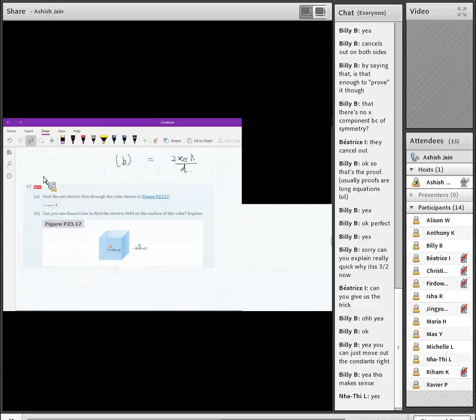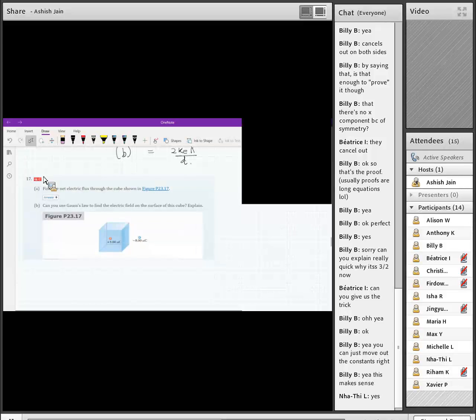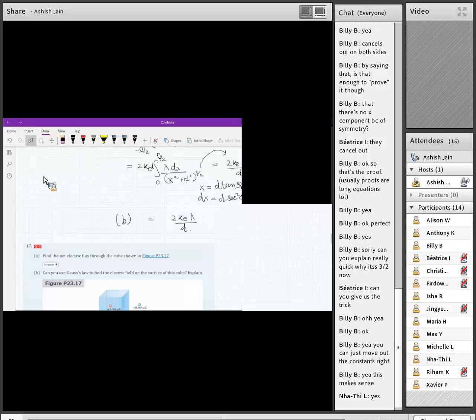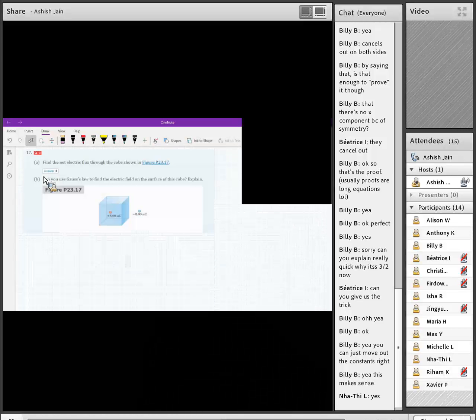Okay, let's go to question number 5 of today's, whatever the numbers. So question number 17 says find the net electric flux through the cube. Any guesses here? Net electric field, electric flux through the cube.